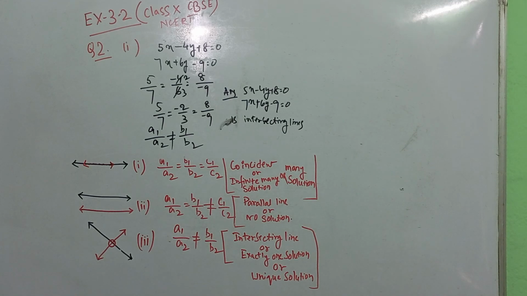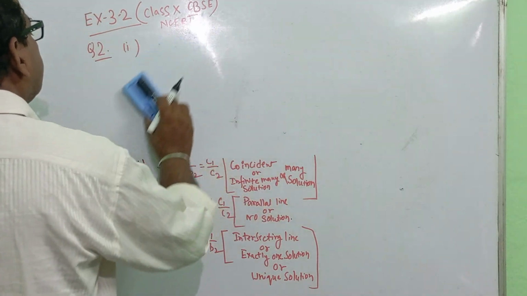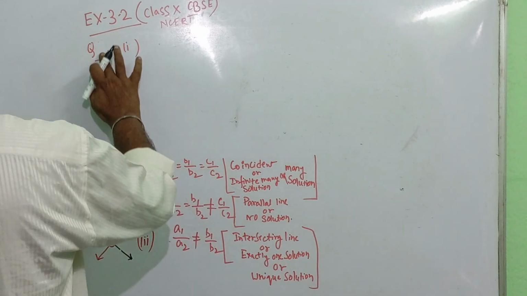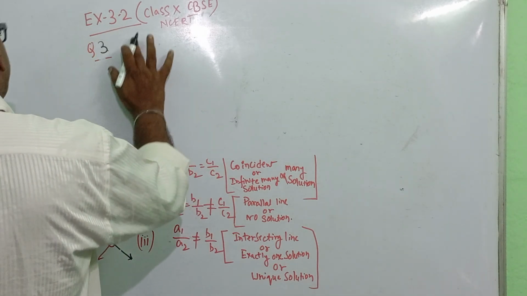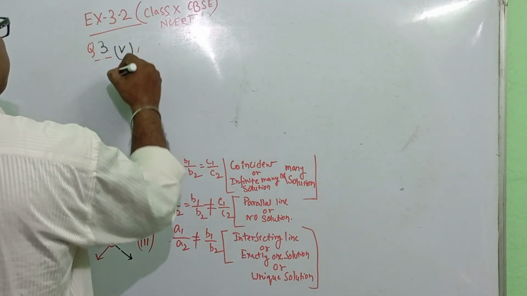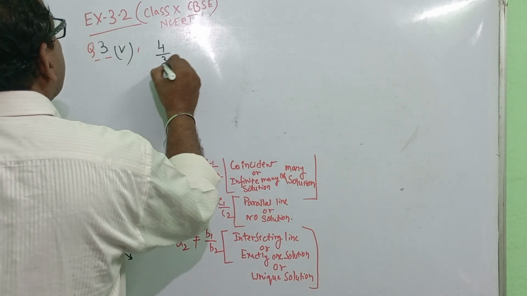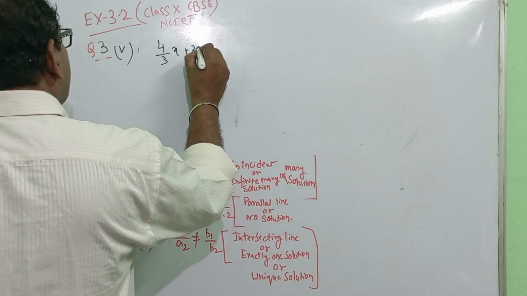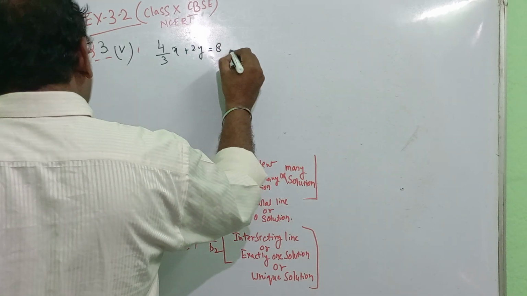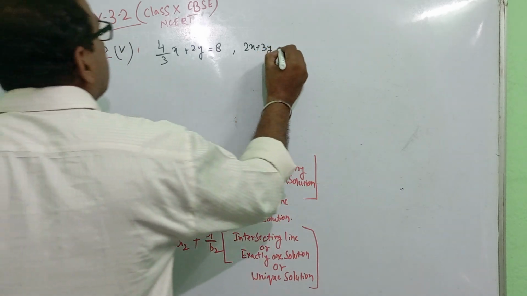Now if you go to question number 3. Now when comparing these things, question number 3: the first equation is 4 by 3x plus 2y is equal to 8, and then 2x plus 3y is equal to 12.